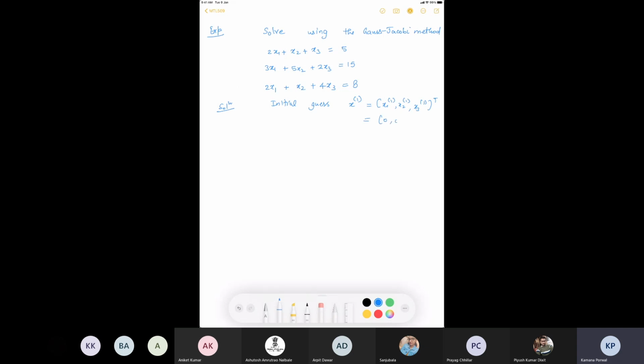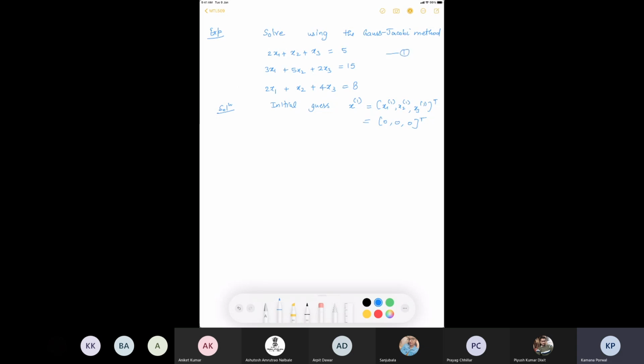So this is the 0 vector. For the Gauss-Jacobi method, what do we do? We simply solve for xi from the ith equation, right? That is, I'm going to solve for x1 from the first equation, for x2 from the second equation, and for x3 from the third equation.